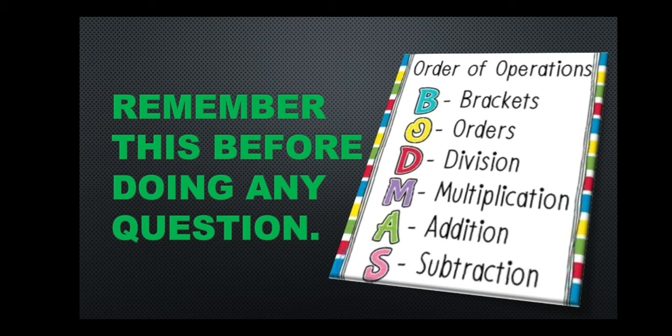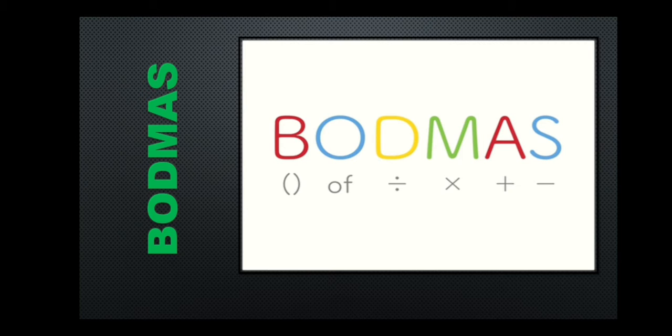A stands for addition. And S stands for subtraction. In this series, from top to bottom, we will solve the question. Here you can see the symbols of all the expressions. Division, multiplication, addition and subtraction you all know. O stands for of and B is a bracket.